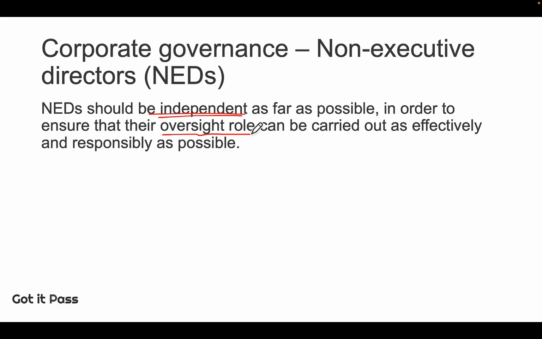And for non-executive directors, even though they are not responsible for day-to-day operations, they are still valuable in contributing to the strategy, to performance monitoring, and to people management as well. So they need to be independent for them to provide their insight to the company and to make sure the corporate governance is ensured.